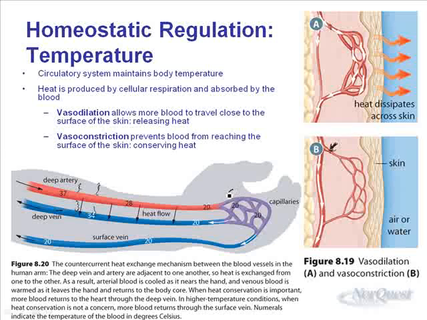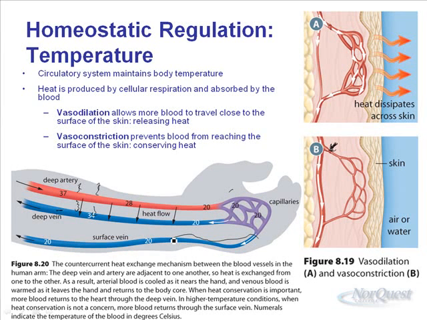If all the heat made it out to this surface vein, then the heat would be lost and we'd feel cooler. So it's called a countercurrent heat exchange mechanism between blood vessels in the arm, and we have them in the legs as well. The deep vein and artery are adjacent to one another, so heat is exchanged from one to the other.